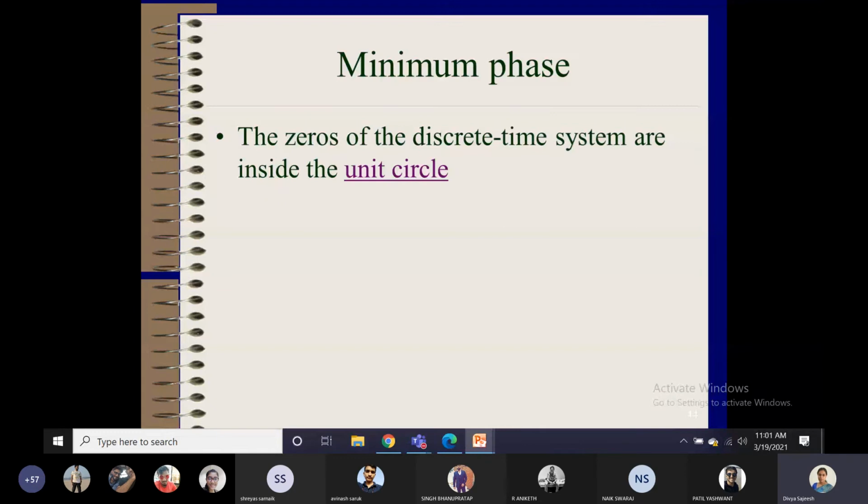Another way to describe the minimum phase and maximum phase system is in terms of the zeros and the poles. If the zeros of the discrete time system lie inside the unit circle, it will be a minimum phase system.